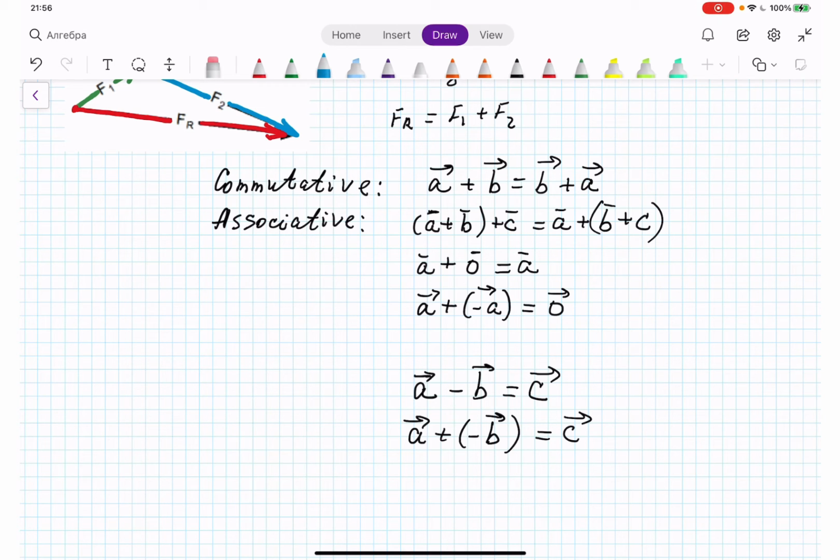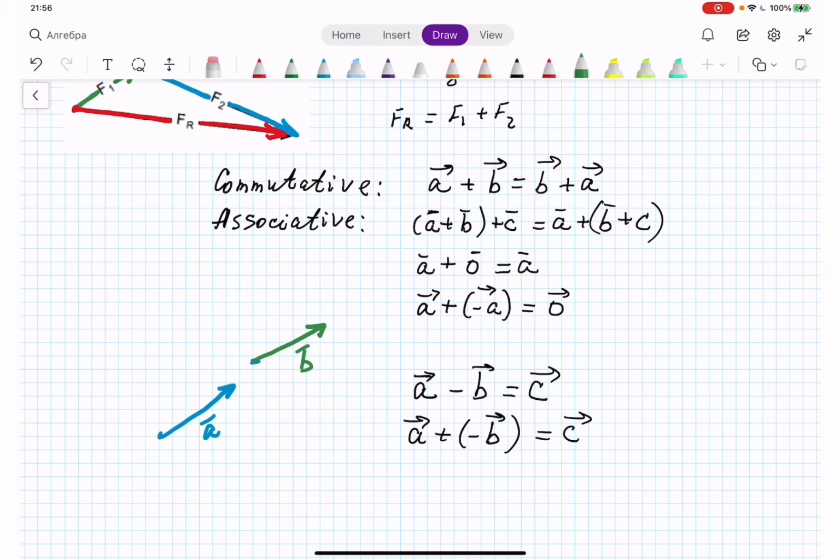Okay, so we have vector A, and I have the vector B, which is going like this. This is my A, this is my B. Now I need to use negative B, which means the opposite direction.